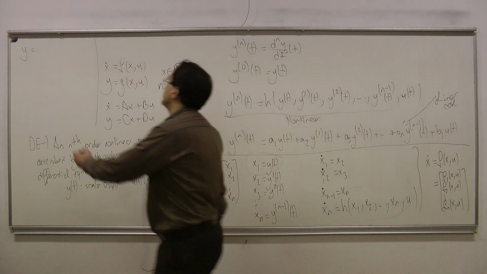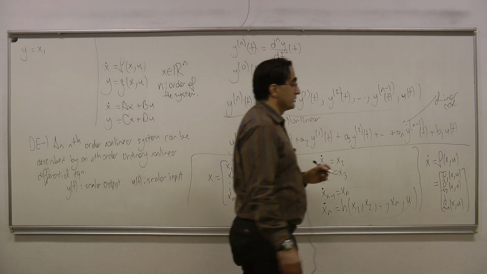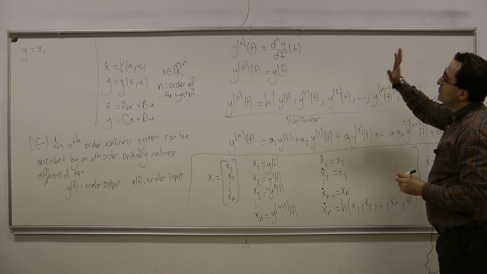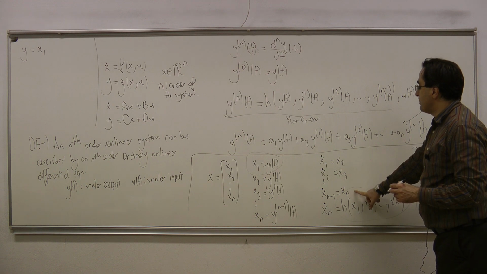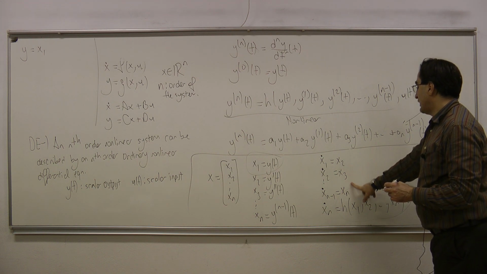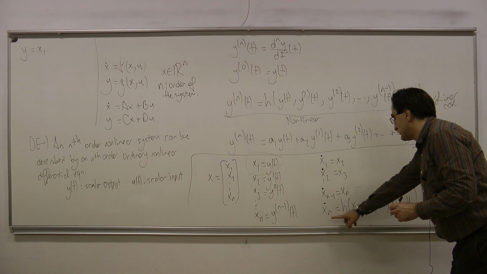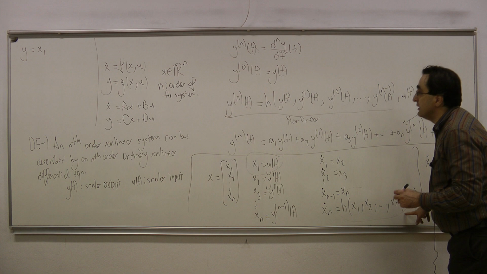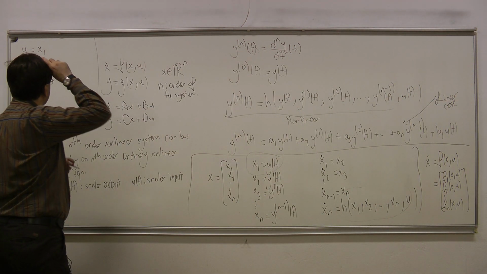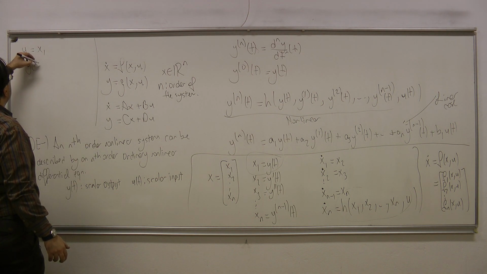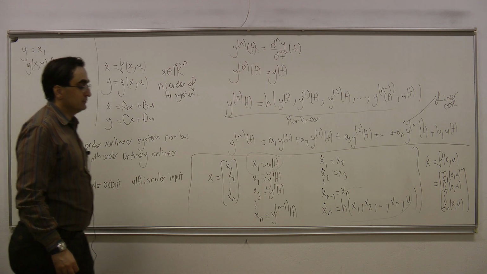So in this case, y is equal to x1 is my output equation. So when we convert such a differential equation into state space form, the first n minus 1 equations turn out to be linear, but the last equation of the state equation is nonlinear, and the output equation is also linear. So in this case, g of x and u is nothing but x1.